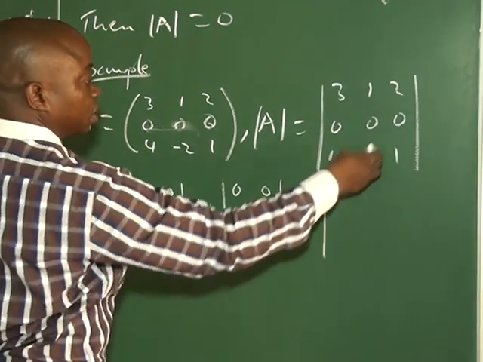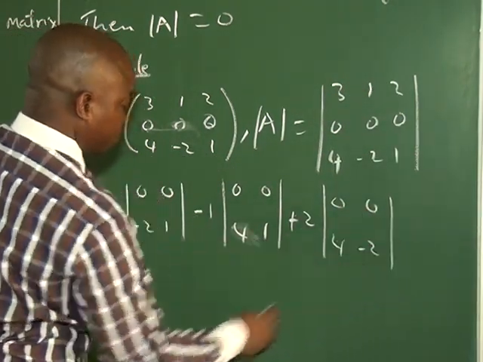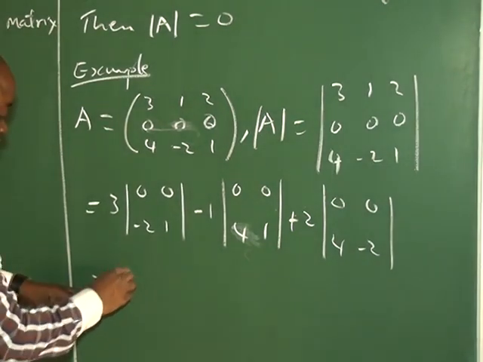Plus 2, ignoring here, we have 0, 0, 4, minus 2.